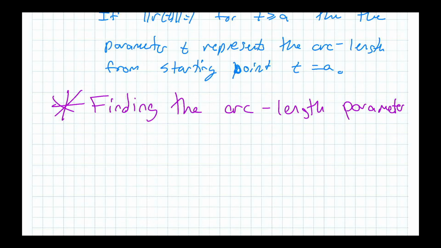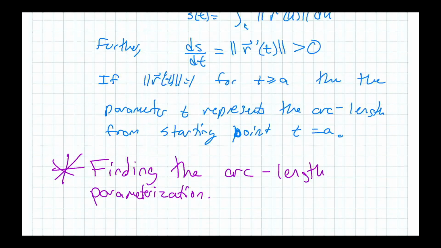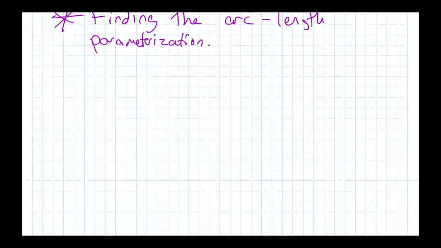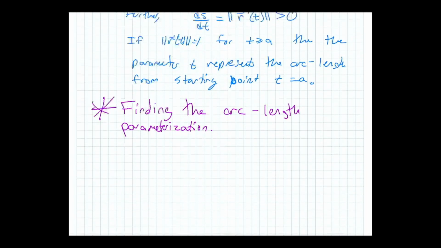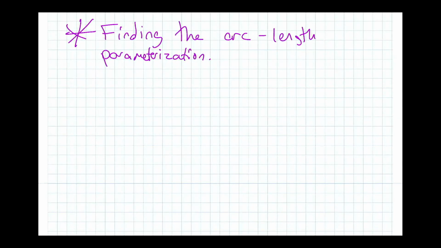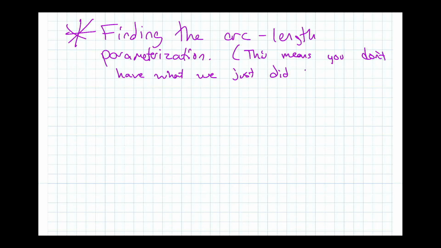So this is for the case where you don't have what they're talking about in the previous definition, but you want it. Finding the arc length parameterization means you don't have what we just talked about, but you want to have it.